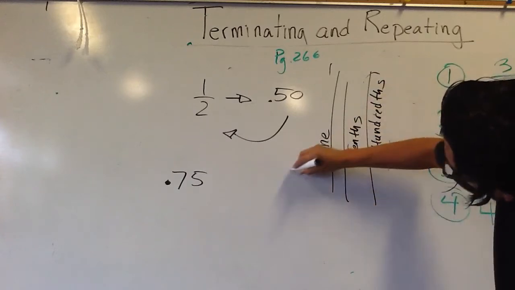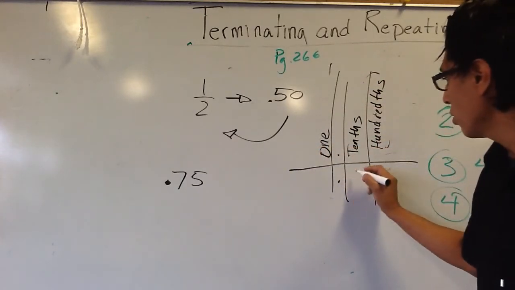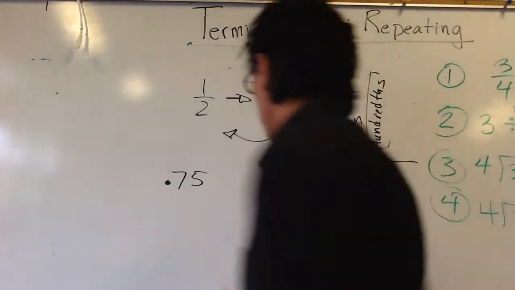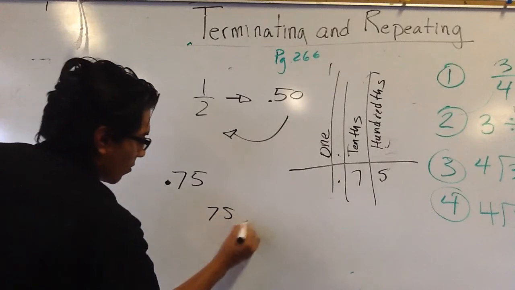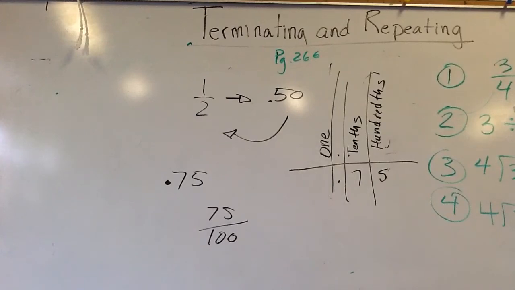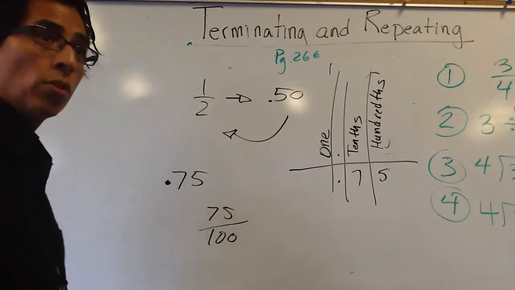You miss out on this really important detail. 75 hundredths is also 75 hundredths. And did I just make it a decimal? No, I just made it a fraction. And that is one little detail that you will see a little bit more later.